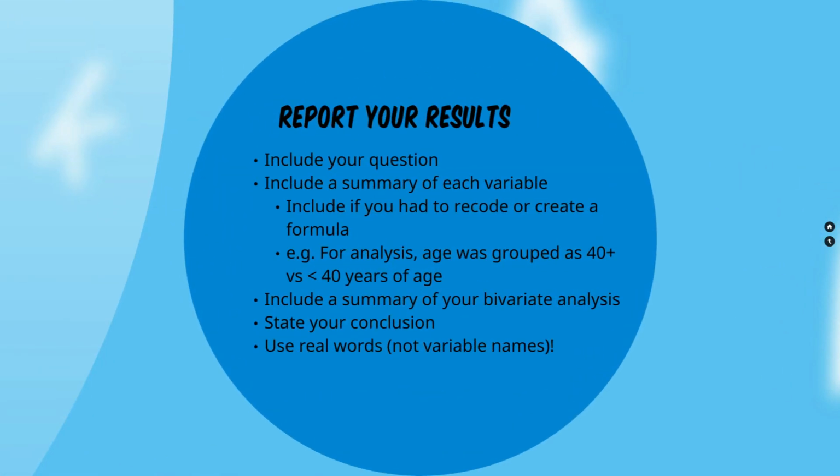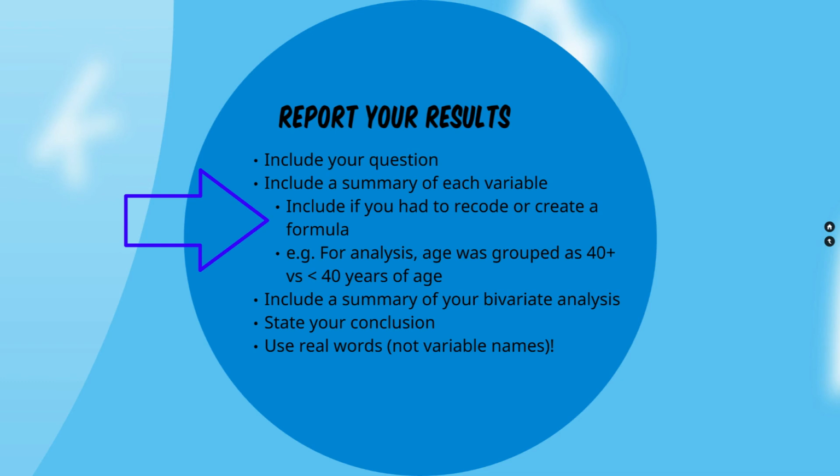When you report data from a bivariate analysis, make sure to include your question. Include a summary of each variable that you'll be considering. Remember, you need to describe the sample, so it's not just the two variables in your bivariate analysis, but also who are the people or the units of observation that this represents, and the population.